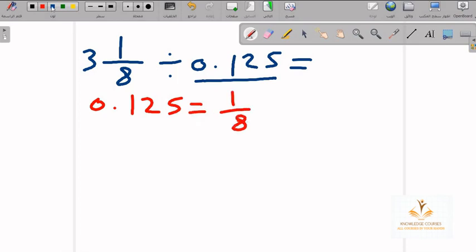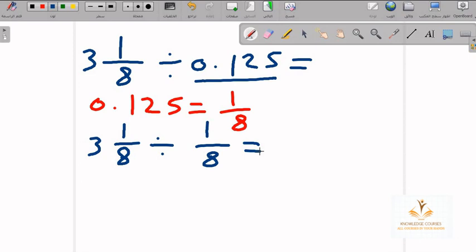So we can make the equation like this: 3 and 1 over 8 divide 1 over 8, and make the dividend a fraction.